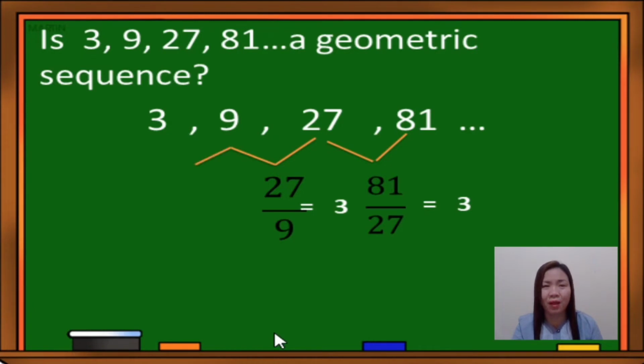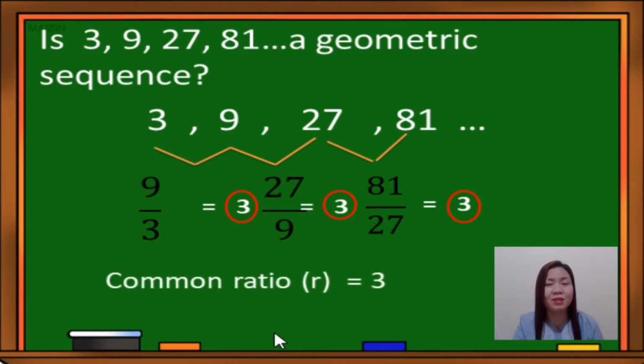Another, 9 divided by 3, and the quotient is 3. As you can see, class, they have the same quotient. So can we say that the given is a geometric sequence? The answer is yes.